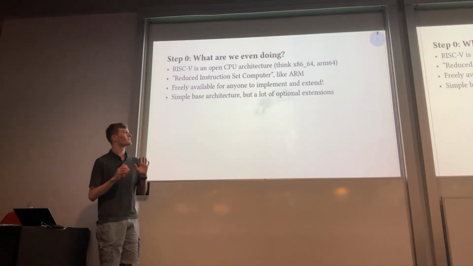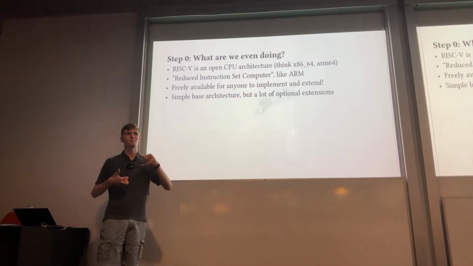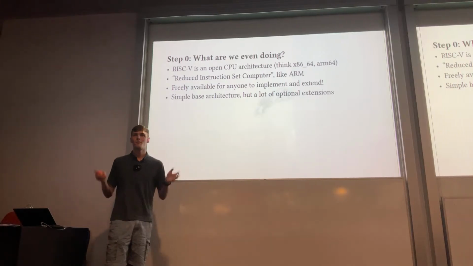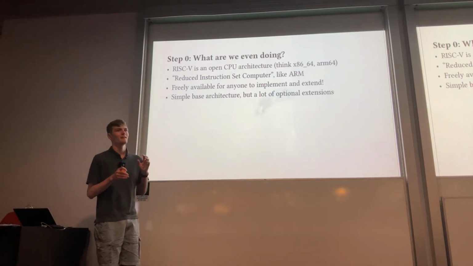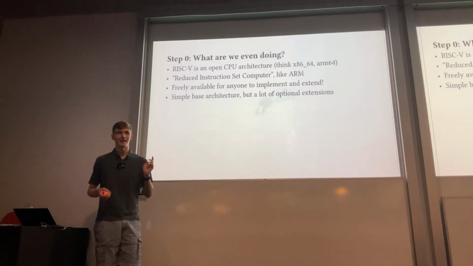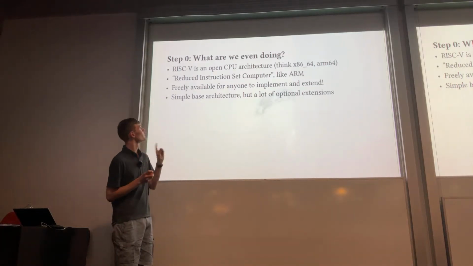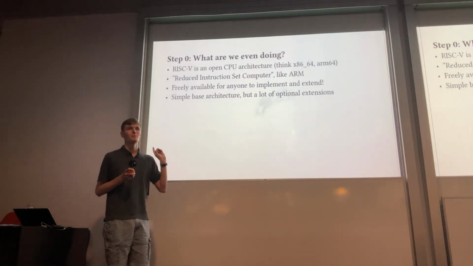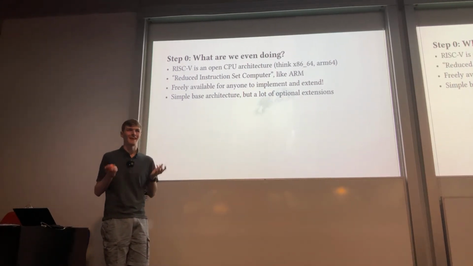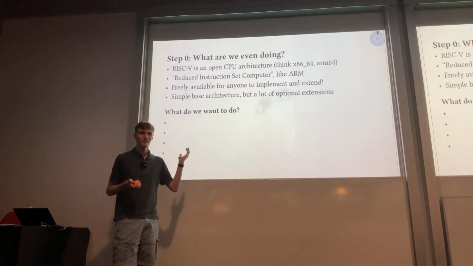The general philosophy of RISC-V is that there's a small set of basic instructions that everybody has to implement, but then most of the advanced functionality is in a whole bunch of optional extensions that build on top of that base architecture. We'll see a few examples of that. The main thing with the extensions is that we need to choose what extensions we want to implement, and that depends on what we're trying to do.